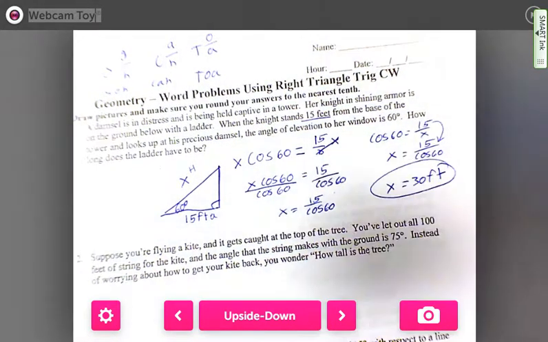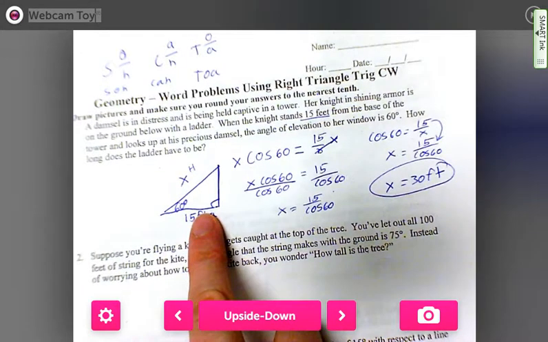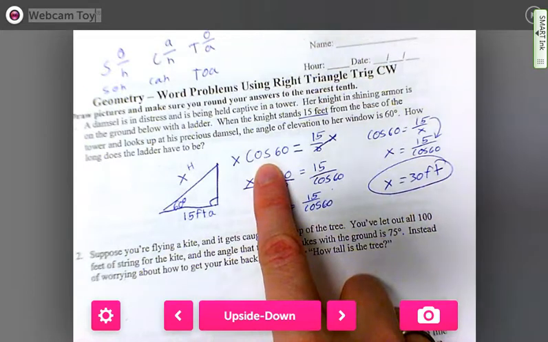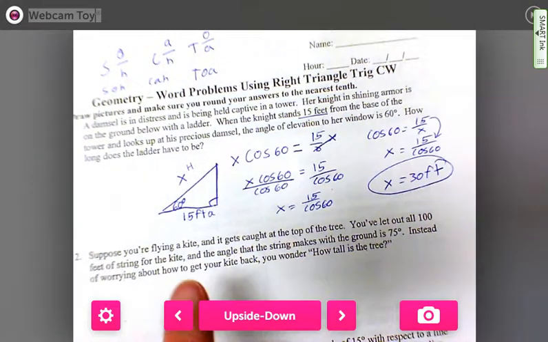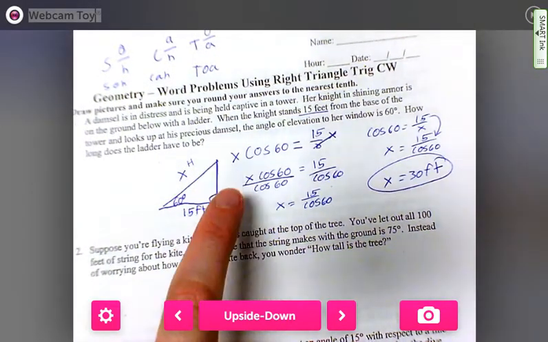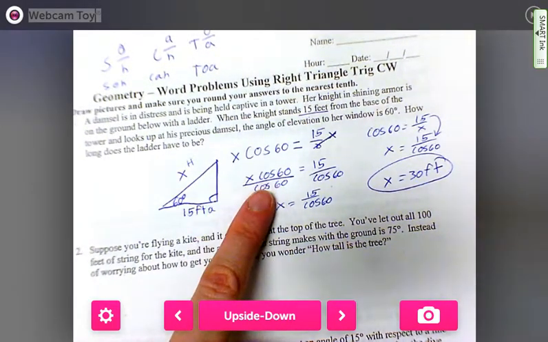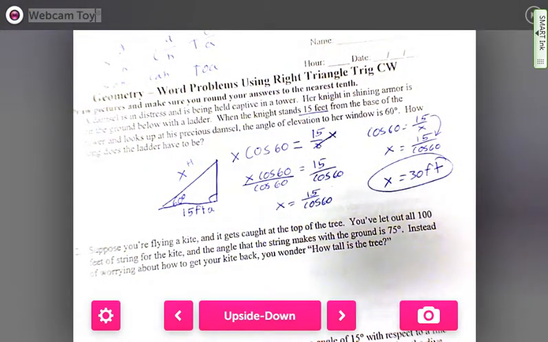Is that the hardest part for a couple of you? What about figuring out if it's sine, cosine, or tangent? Is that hard? A couple of you? All right. What about figuring out adjacent or hypotenuse or opposite? Is that still a little bit difficult? And who thinks drawing the picture is the hardest part?